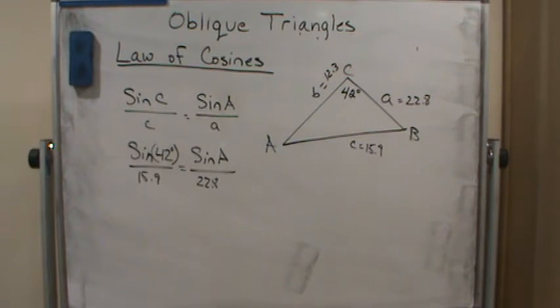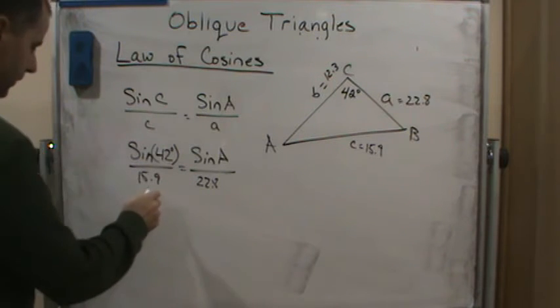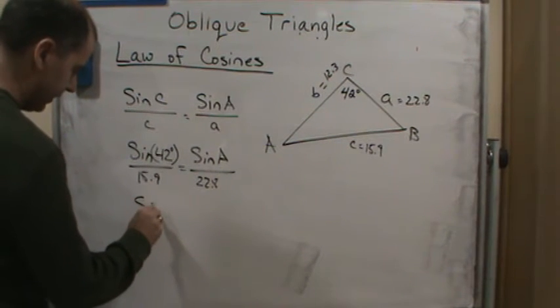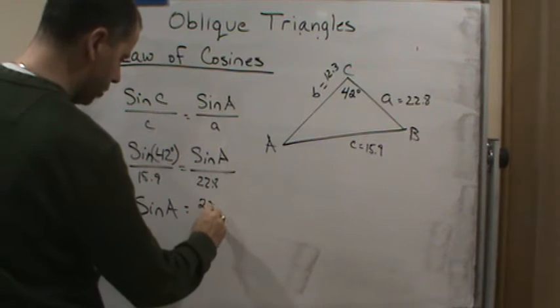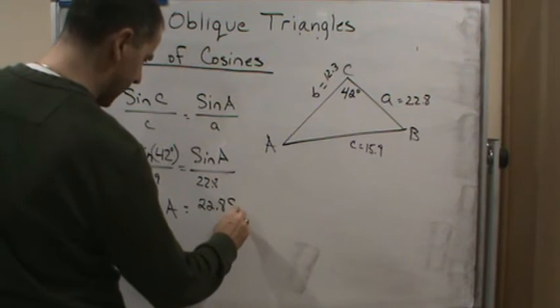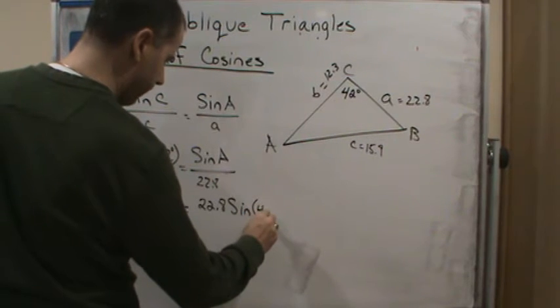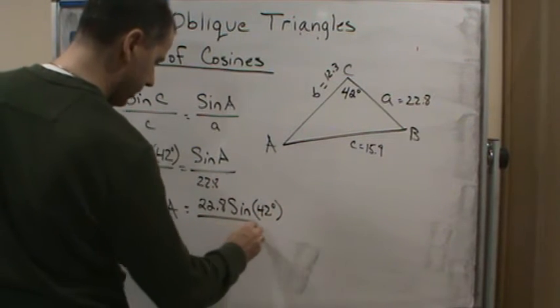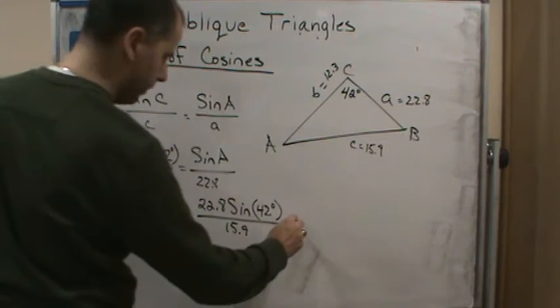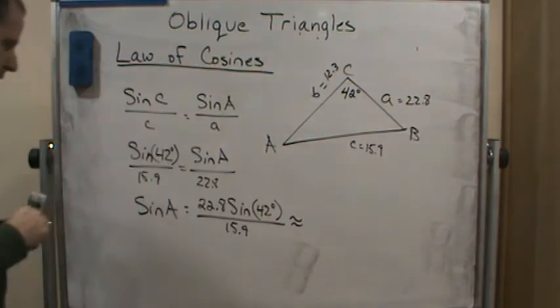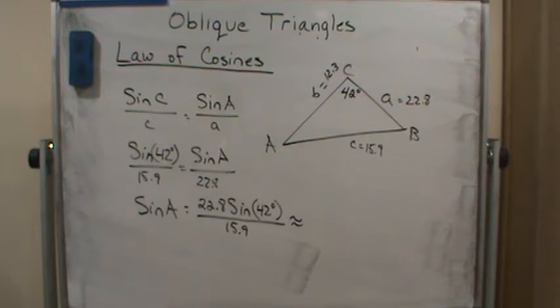Okay, and so now we solve for sine A. So that means sine A is going to equal 22.8 times sine of 42 degrees divided by 15.9. And of course, you stick that in your calculator, and we get, let's see here.